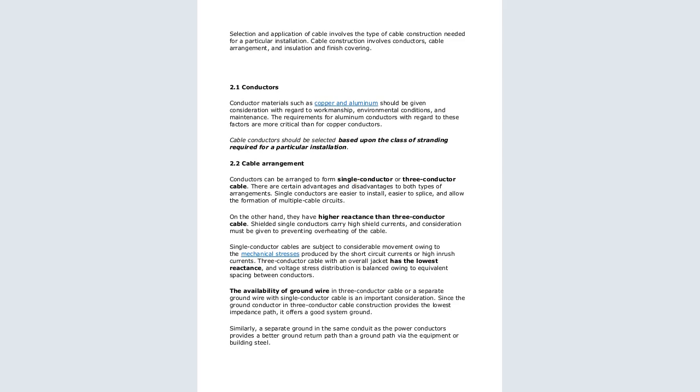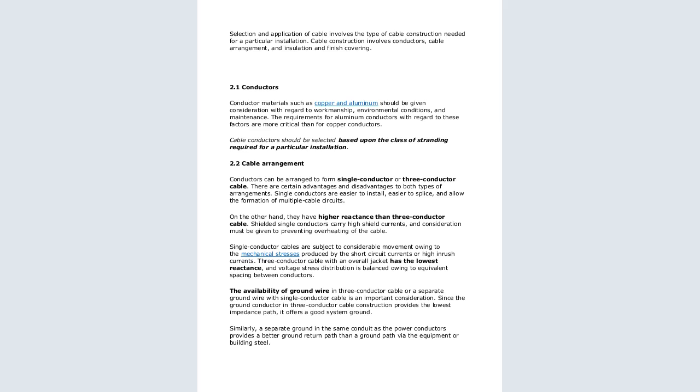So we also have the arrangement. That is, conductors can be arranged in the form of a single conductor or a 3 conductor cable. When you say single conductor, it is one conductor separately, meaning the conductors are arranged separately, and the 3 conductors, like the live, the neutral, and the earth, are sealed in one, that is called the twin with earth, or can also even have twin. There are certain advantages and disadvantages of both these types of arrangements.